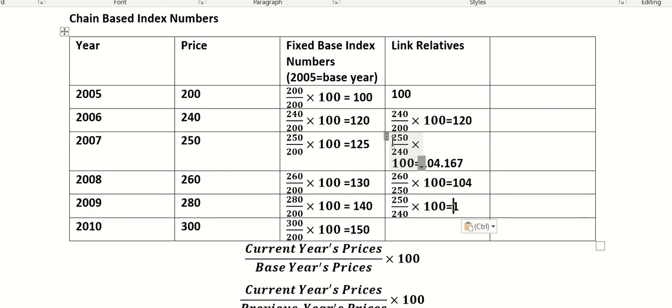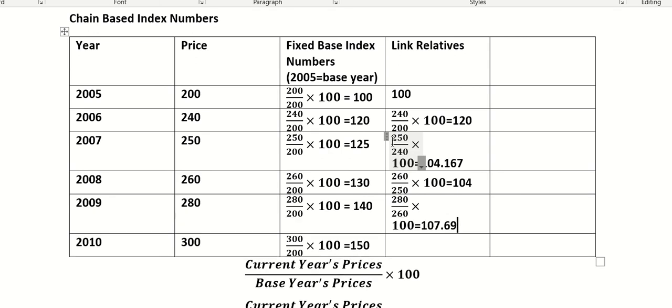Now again we will apply the formula. 280 is the current year divided by previous year 260 into 100. So this is 107.69.